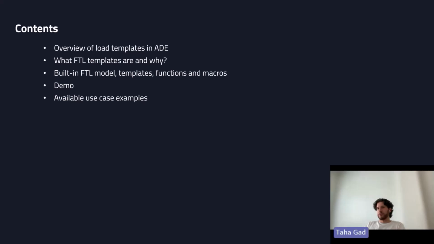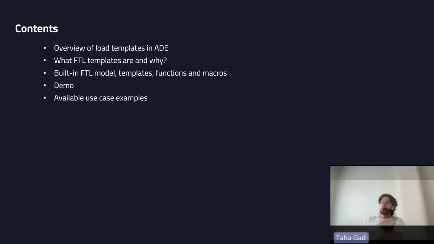So I will first talk briefly about load templates in ADE in general, then look in more detail into FTL templates, what they are and why you would use them. And then ADE has this built-in FTL model and templates and functions and macros that you can use out of the box.